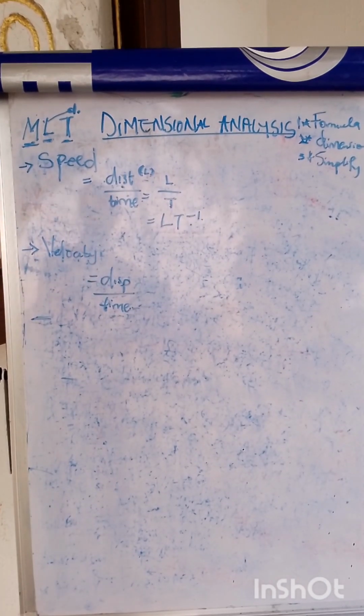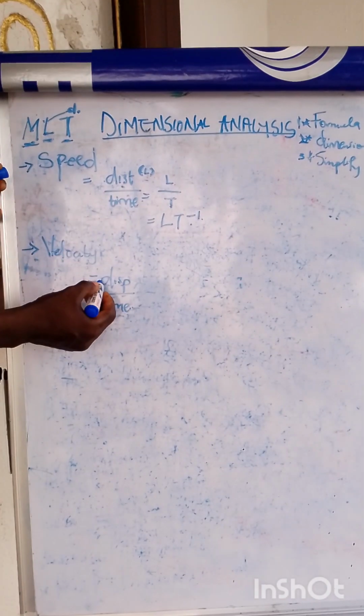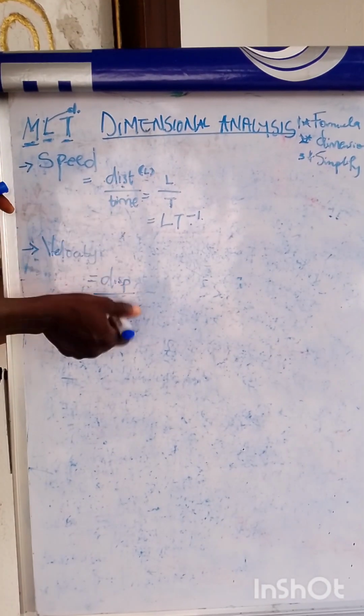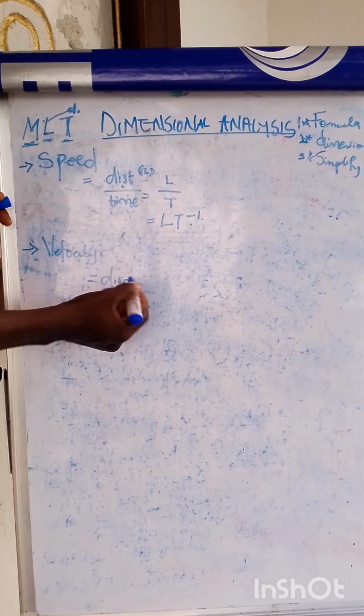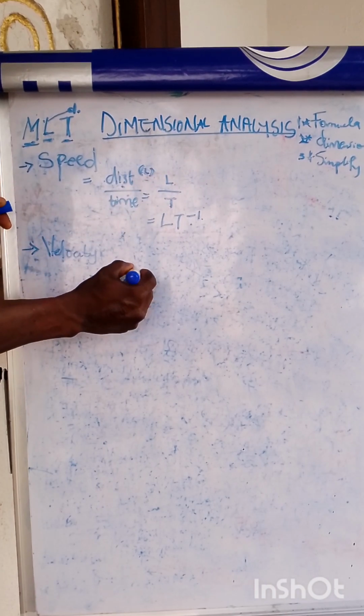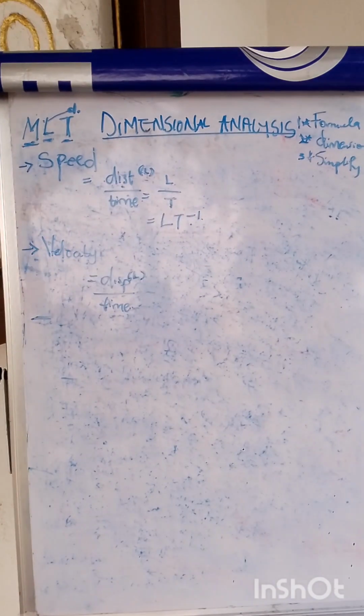So your displacement also will be given as L, something like distance, they are somewhat related. Your distance is represented with the letter L, so your displacement is represented by the same letter L. Now let's continue.